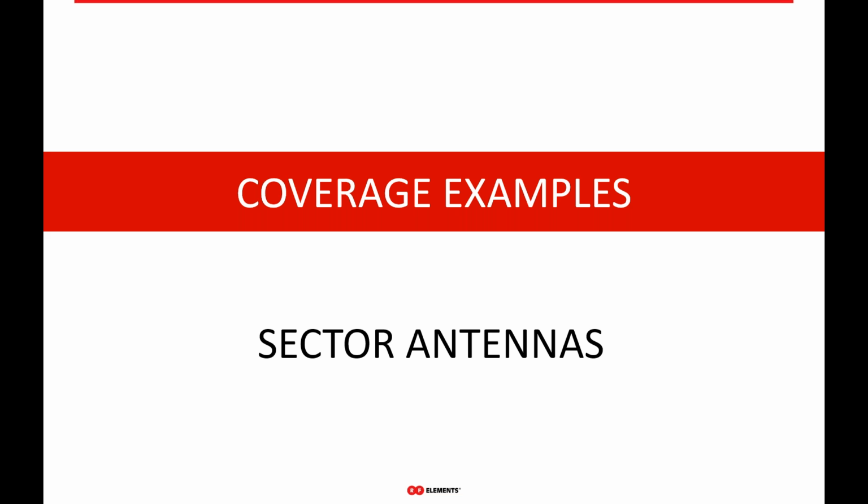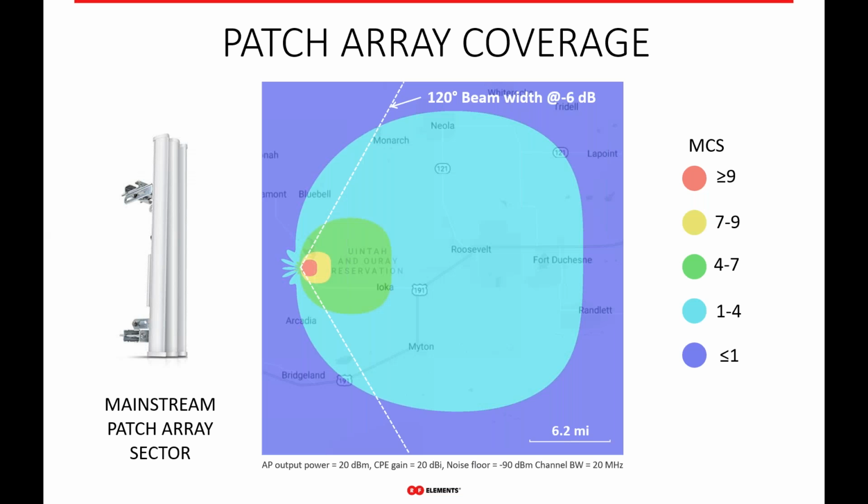So, going further, we prepared a few examples of commonly used WISP antennas to illustrate how the coverage looks based on real physics-based data and simulations. We can start here with a sector antenna. The traditional sector antenna has a very wide radiation pattern.